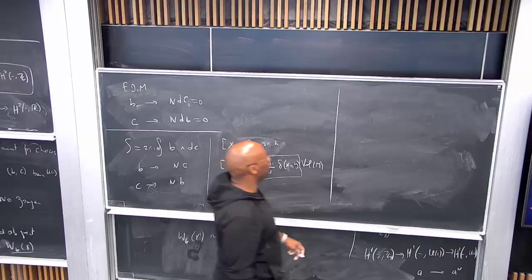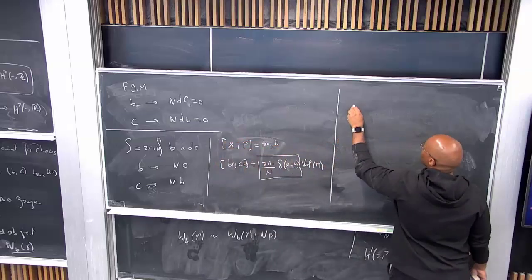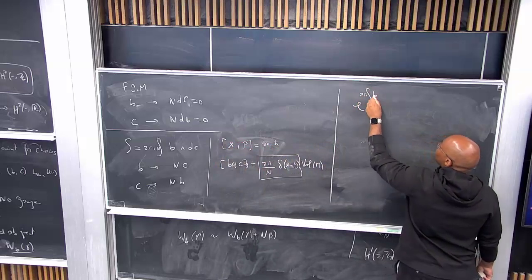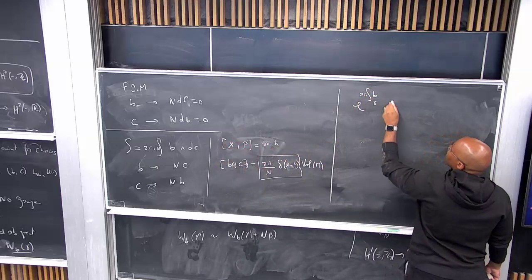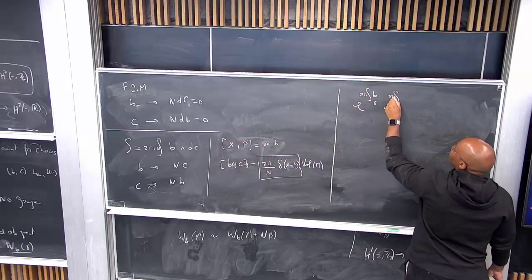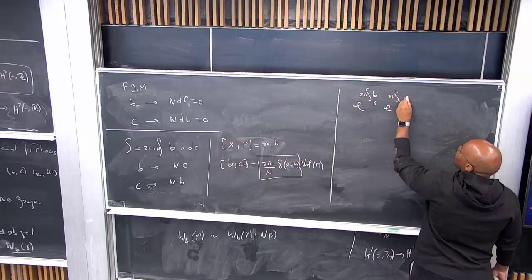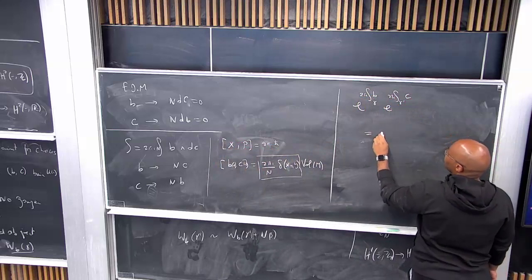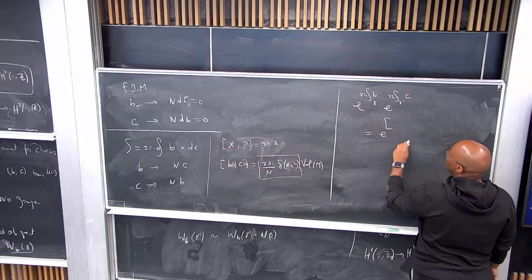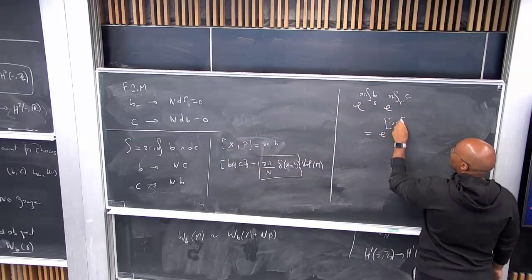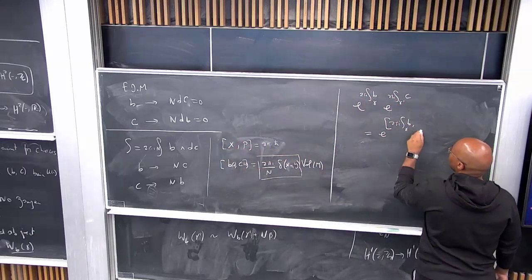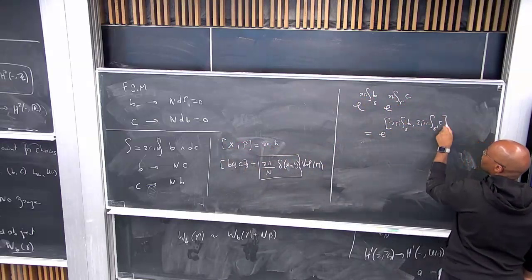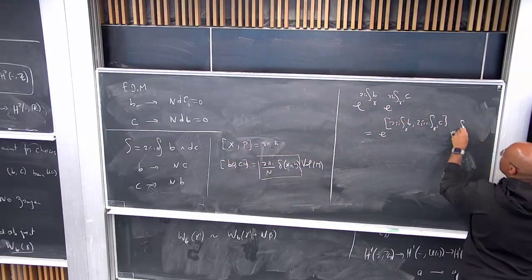Because what it tells you is that if I have the exponential of 2 pi i integral of B on some gamma times the exponential of 2 pi i integral on gamma prime of C, this is going to be the same as the exponential of the commutator of 2 pi i integral over gamma of B and integral over gamma prime of C, times switching the two.